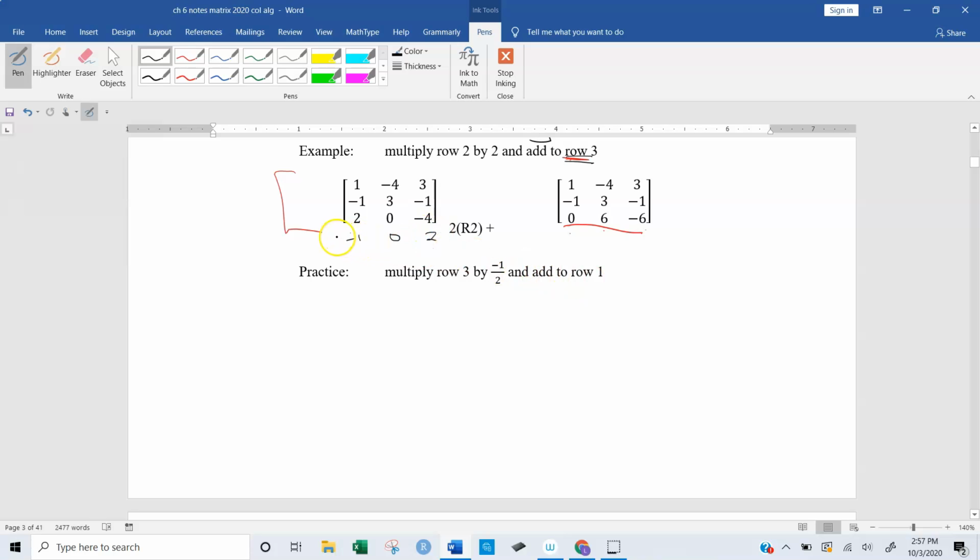We're adding it to row 1, so I'm taking these numbers and adding them to my first row. So the only row that is changing is row 1. So it becomes 0, -4, 5. And then the other two stay the same.